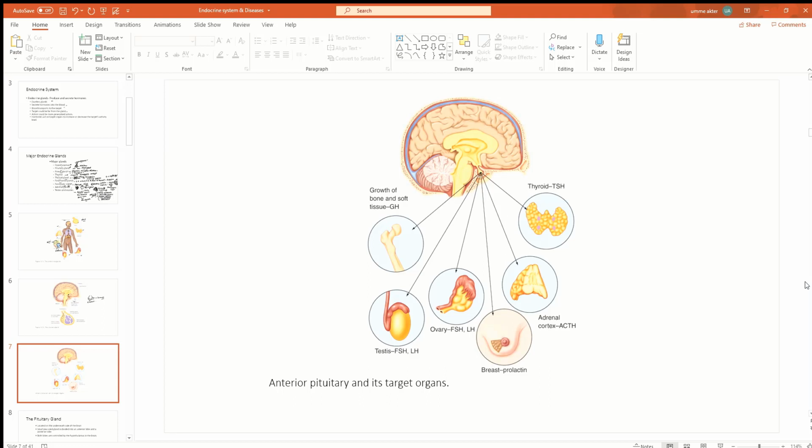So what are those hormones? The anterior pituitary produces 6 hormones. One is called growth hormone or GH. Its name is telling you, growth hormone helps in the growth of the body, and particularly its action is more on the bones, so it helps to grow the bones and skeletal muscles.